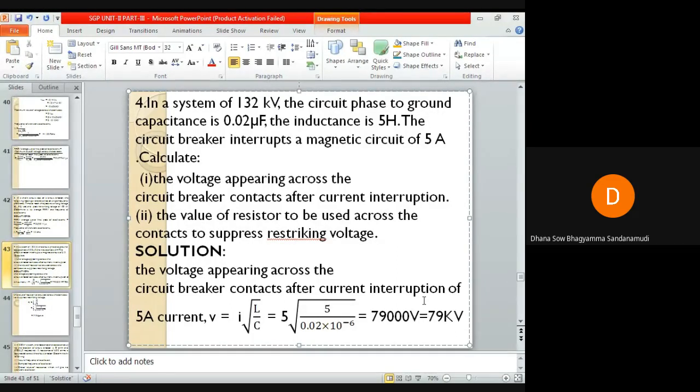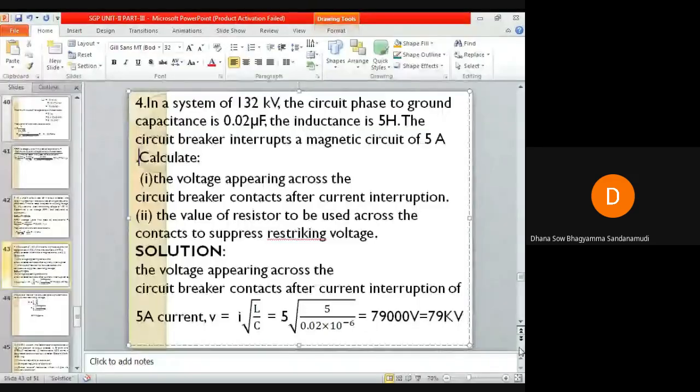Someone has typed NC. They have not completed. Let me check the roll number. Yeah, your roll number 219. Okay.